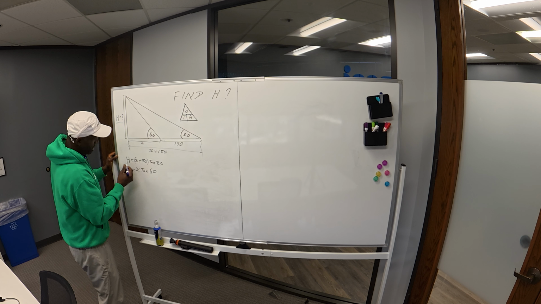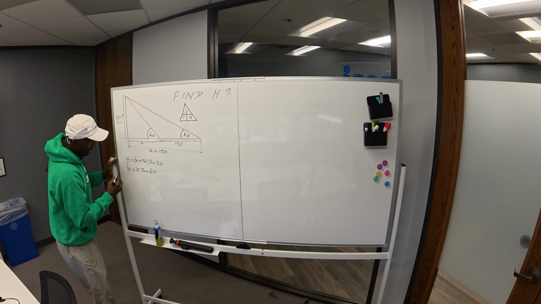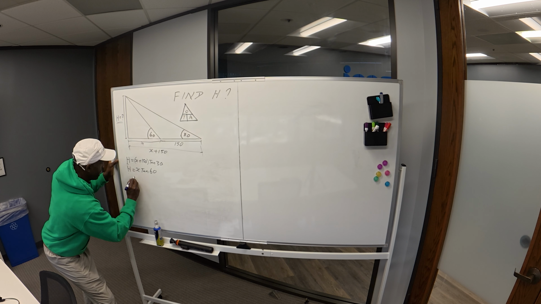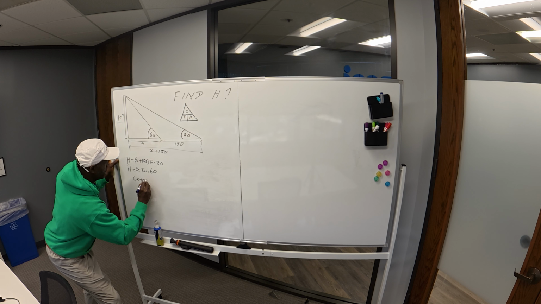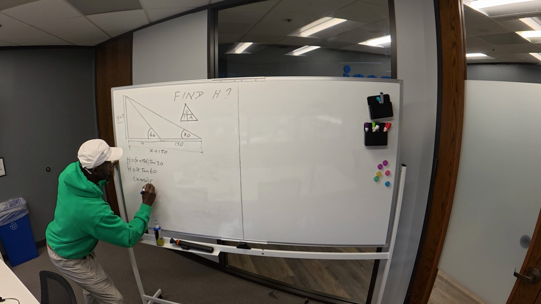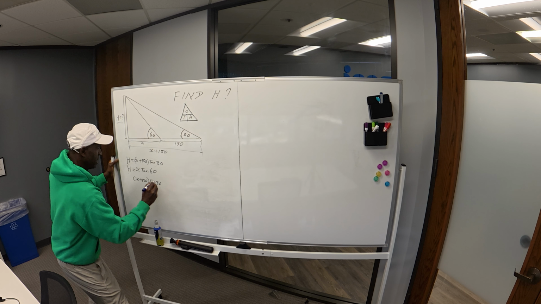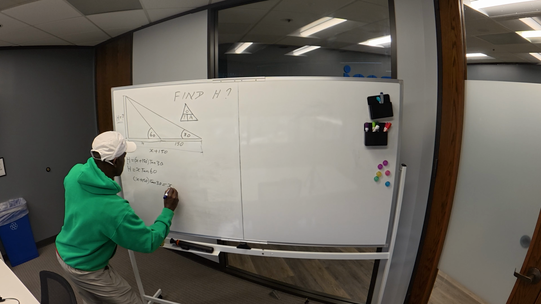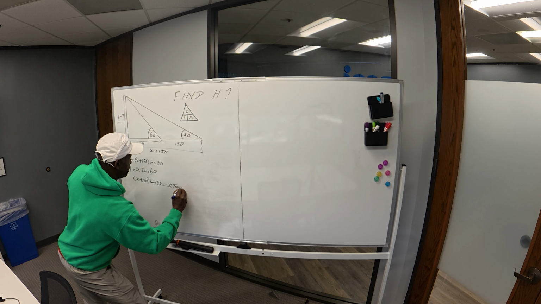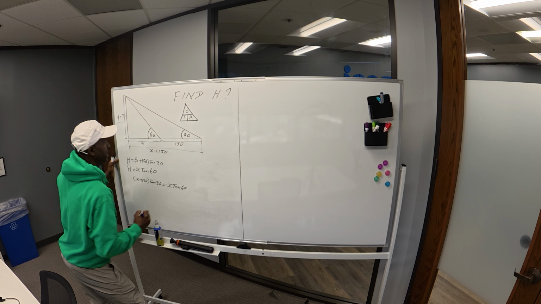So since these two values are equal, let's equate them: (x plus 150) tangent of 30 is equal to x tangent of 60.